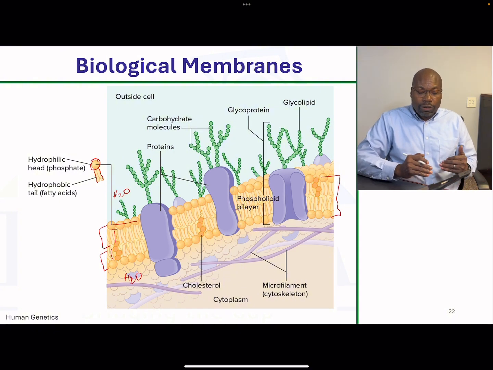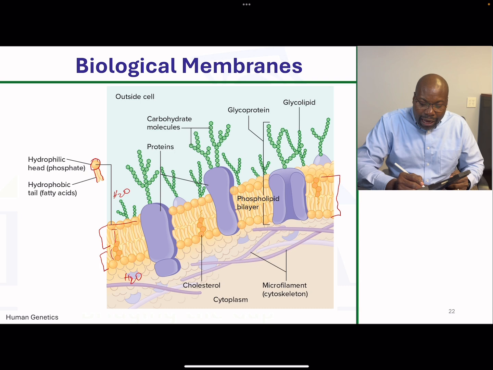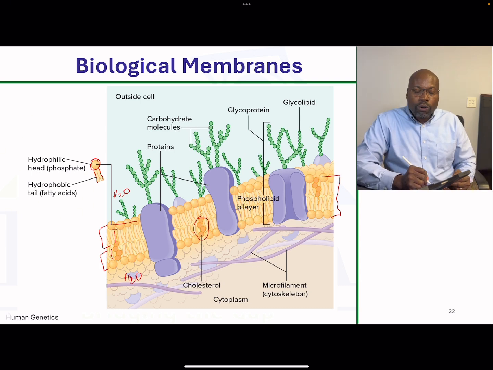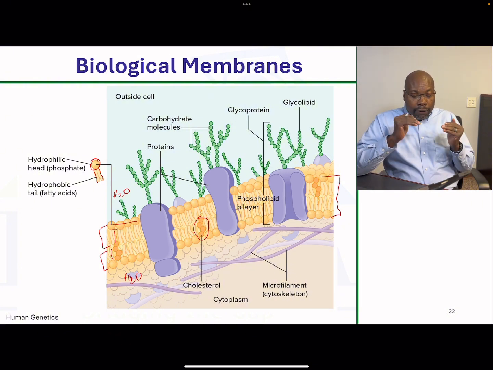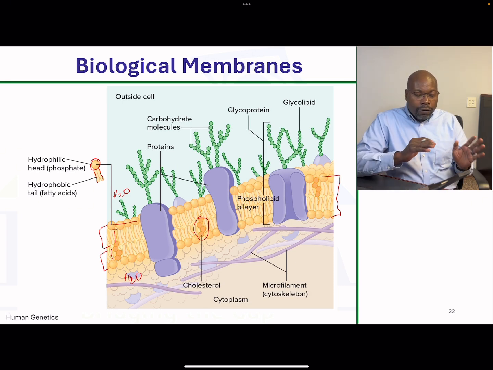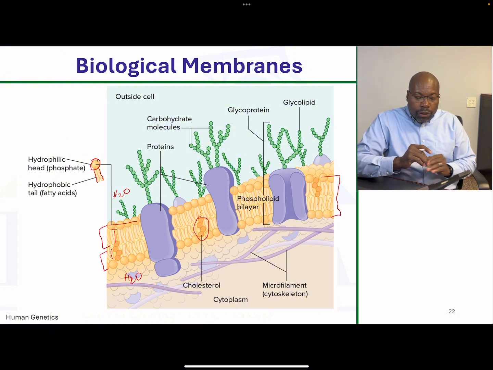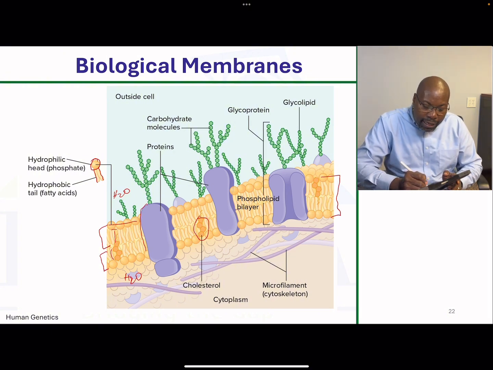Now, in addition to the phospholipids, in human membranes, you are going to have cholesterol. That cholesterol plays a very important role in the fluidity of the plasma membrane. I'm not going to bug you with the details. Now, in addition to these lipids, you're going to have some proteins that are embedded in the plasma membrane.